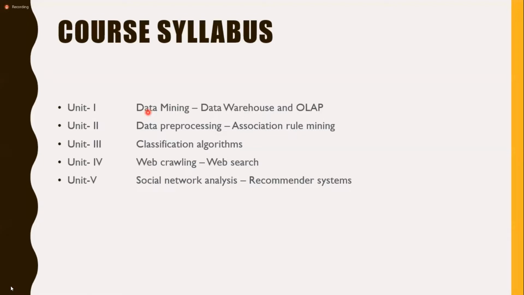Not only association rule mining, we also have other data mining functionalities such as classification, clustering, regression. All these will have a discussion in unit 3. In unit 3, most of the concepts belong to how to perform classification of the data. We will learn the classification algorithms. So complete first 3 units.